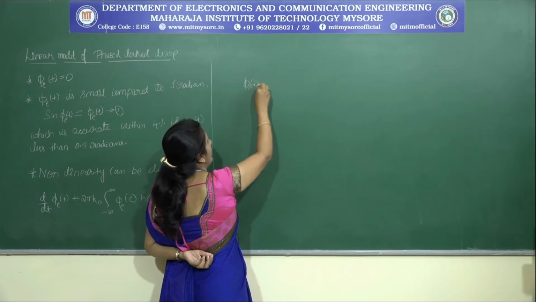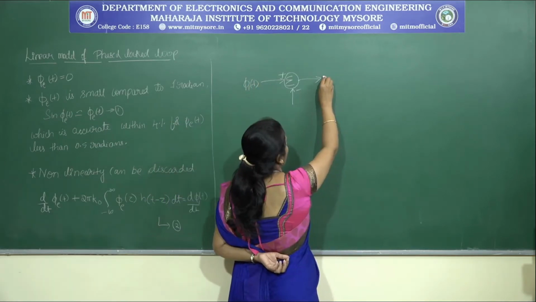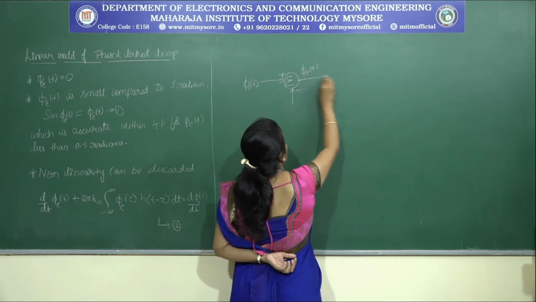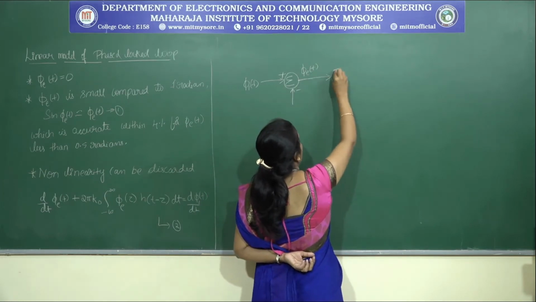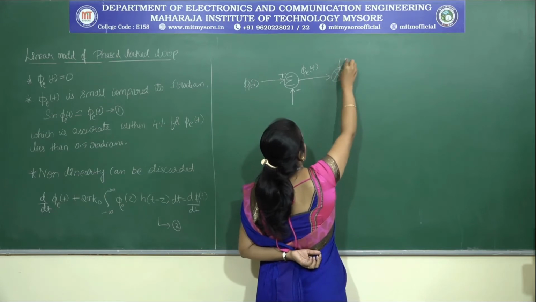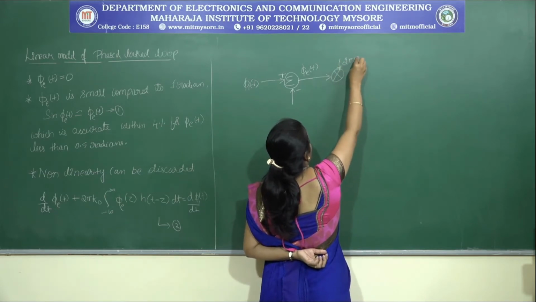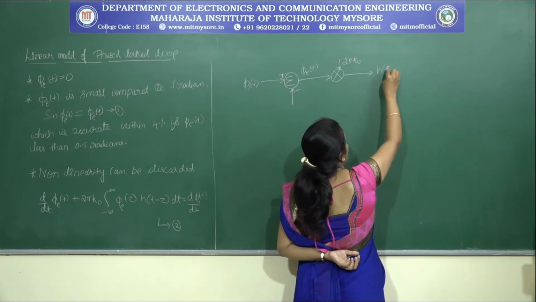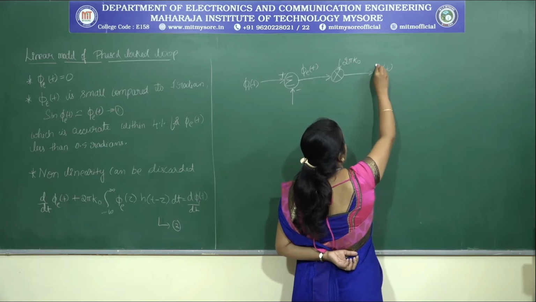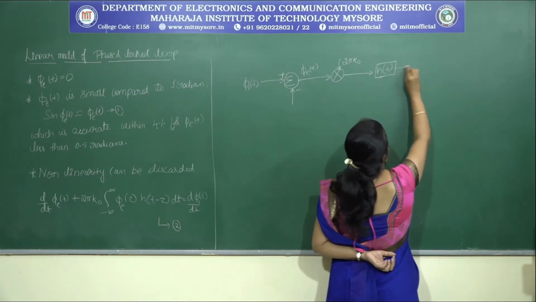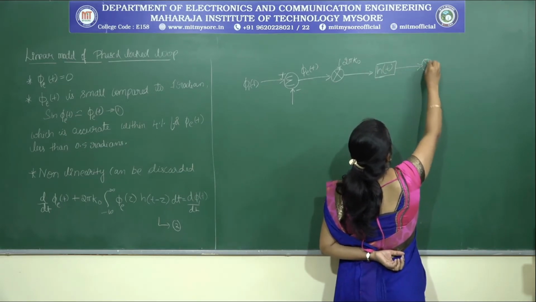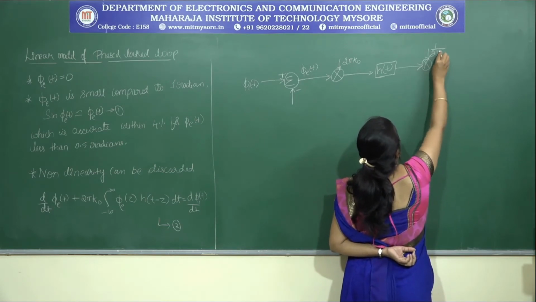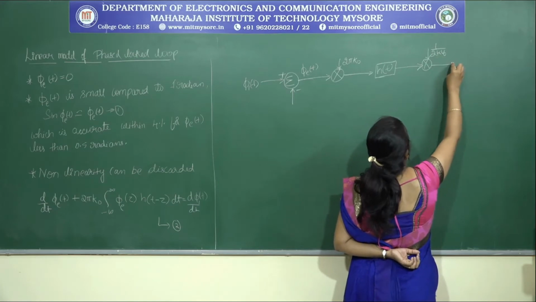This is phi 1 of t, from which we get phi e of t. We multiply this by 2 pi k naught, and this is given to the impulse response h of t. This is given to the multiplier, that is 1 divided by 2 k v naught.